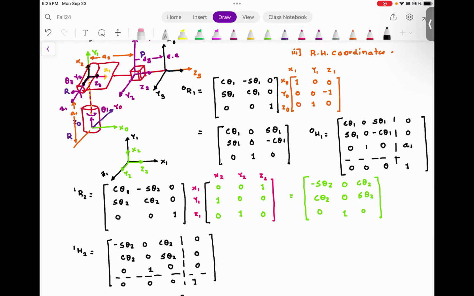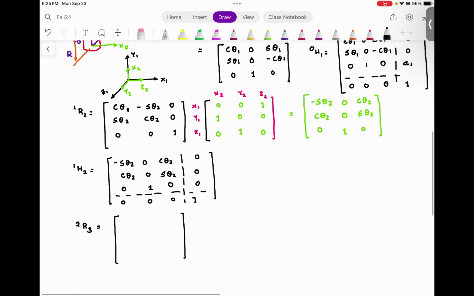Again, there are two ways of doing this. First and foremost, understand that 2R3 indicates the rotation between these two frames. But there is no revolute joint in between. So there is no rotation.